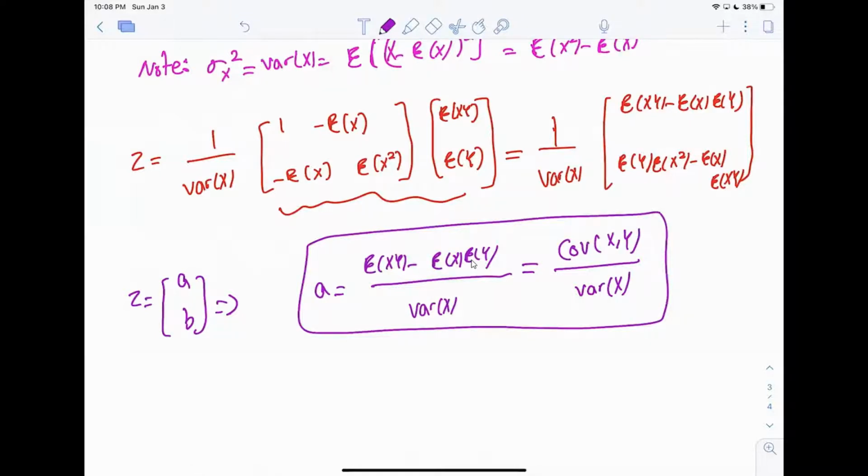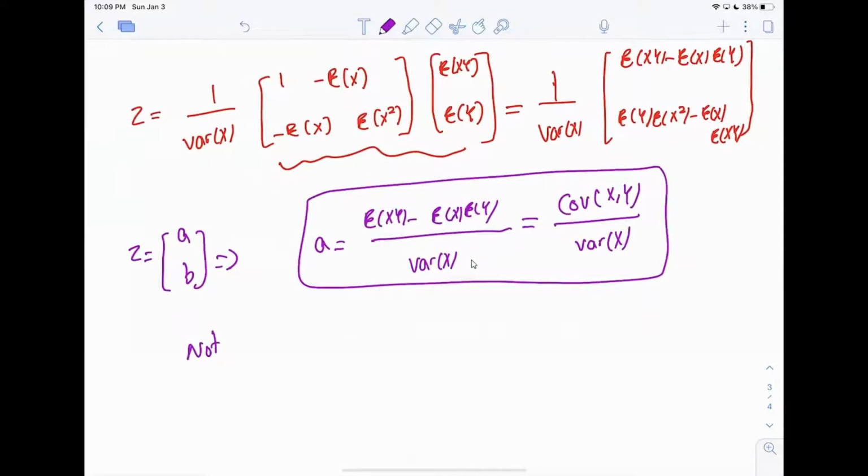Let's remind ourselves a little bit what we mean. Note, covariance measures the amount of variation between x and y, right? So covariance of x and y is going to be the expected value of x minus mu x times y minus mu y.